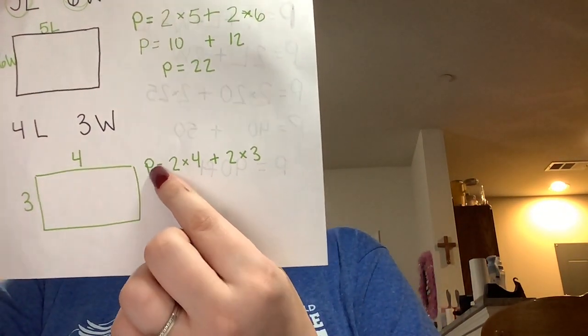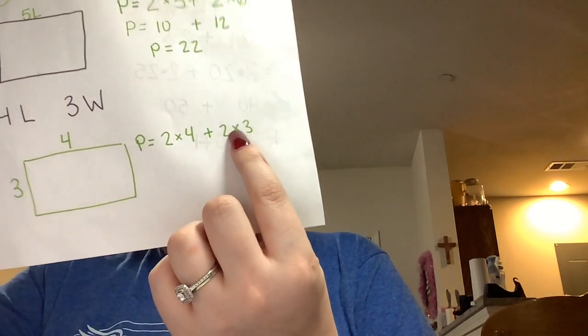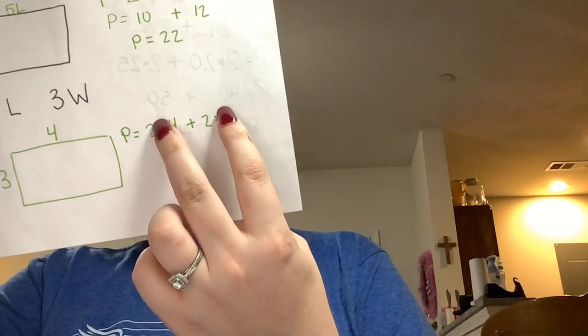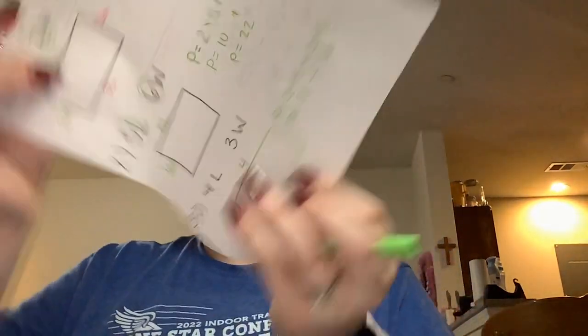Perimeter equals 2 times 4 plus 2 times 3. Okay, everybody, let's do our multiplication. We have 8 plus 6. What is 8 plus 6? 14. That's great, guys.